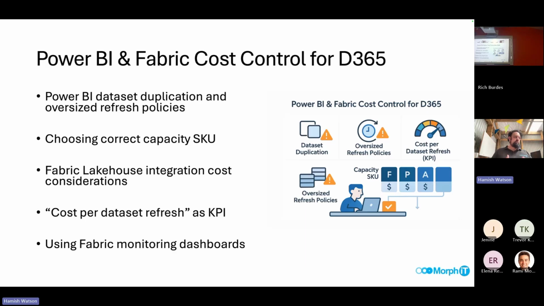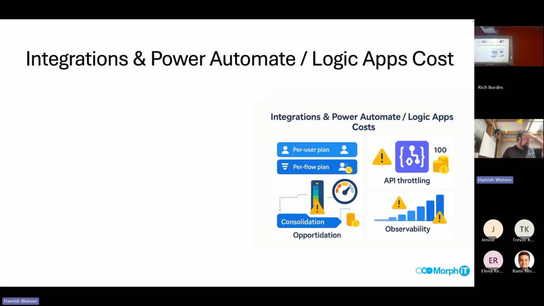And creating dashboards and showing these things is really good, because, again, it's all about the visibility. As I mentioned before, logic app costs and stuff, again, we need to look at our integration layer, which includes Power Automate flows, logic apps, any custom API integrations we're doing, and of course, those high volume data movements across Azure and external systems.